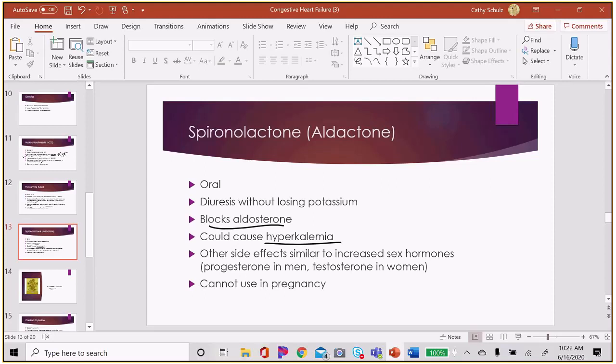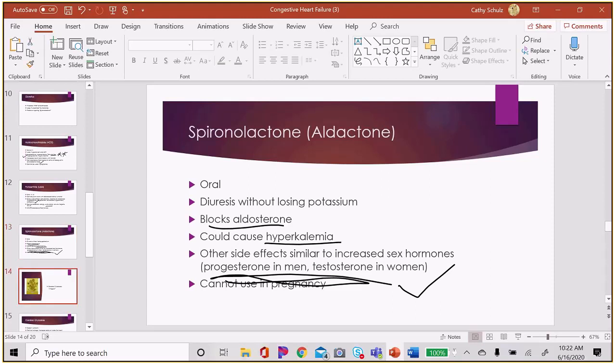So instead of worrying about hypokalemia like we do for the other ones, we have to worry about hyperkalemia. And the other issue is that it's very like some of our sex hormones, progesterone and testosterone. So it can cause other secondary sex characteristics, especially for women with the testosterone, and it can't be used in pregnancy.